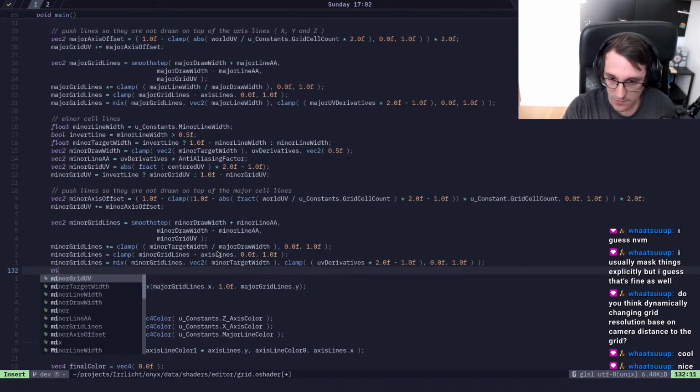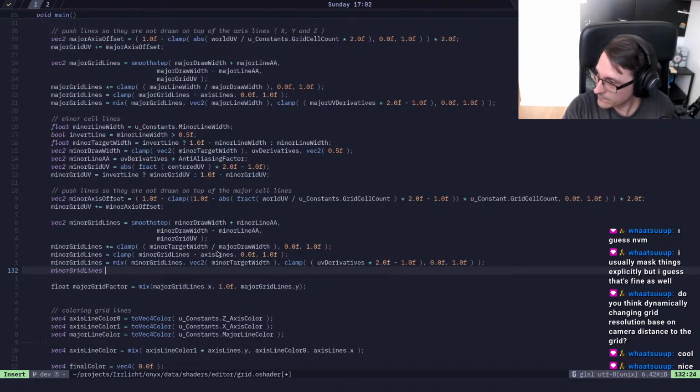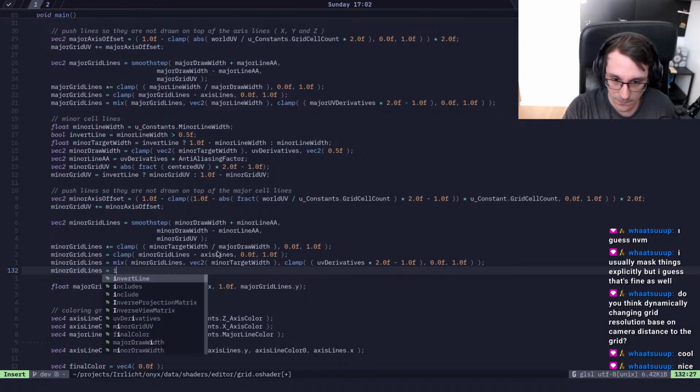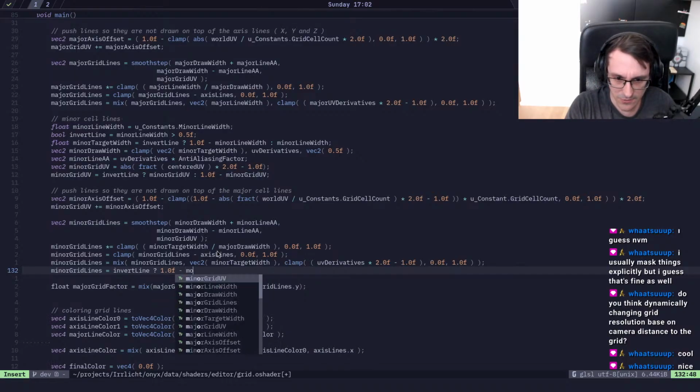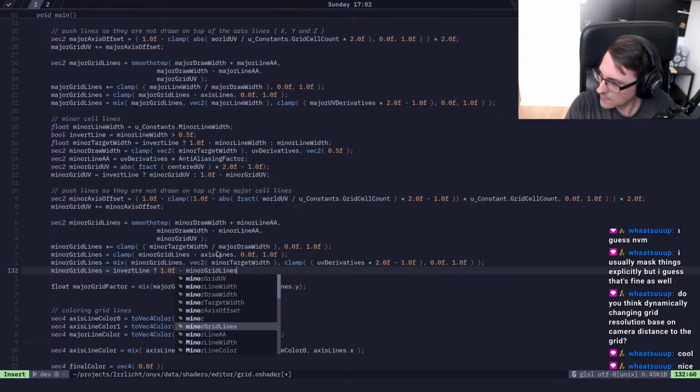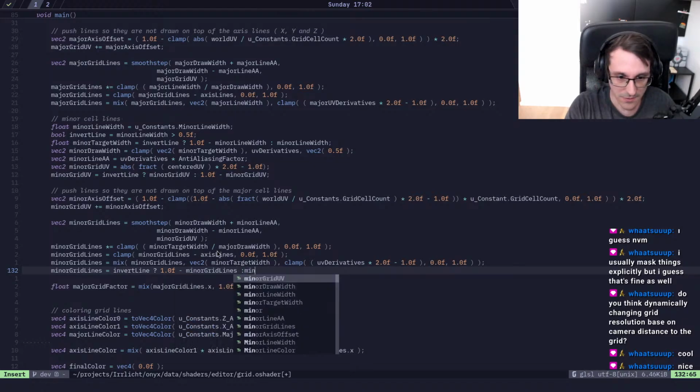And then we need to do some more stuff because of the inversion. So if we invert it, and we do 1 minus minor grid lines, I guess. Otherwise it's minor grid lines.